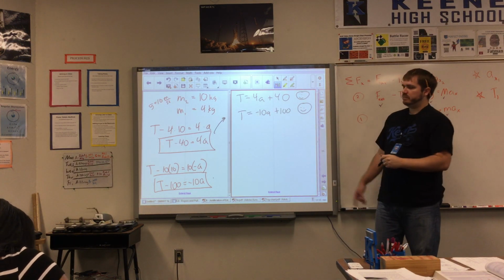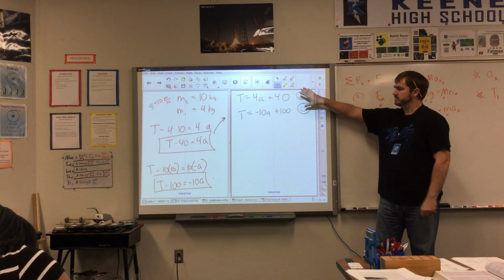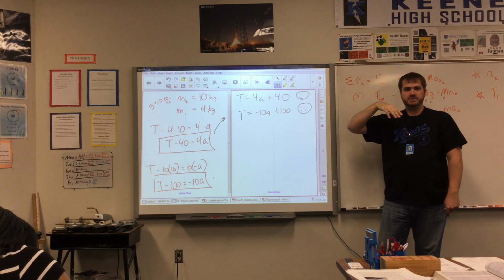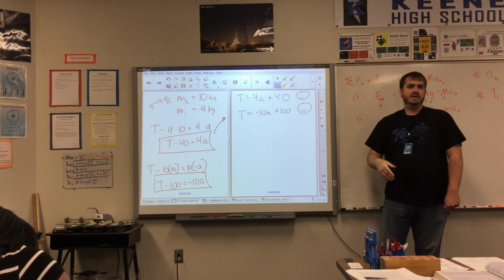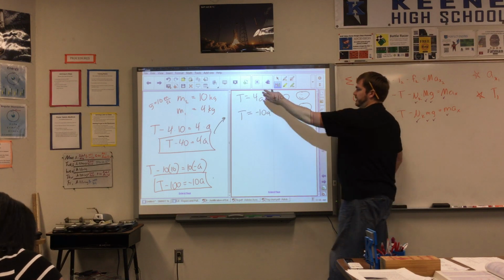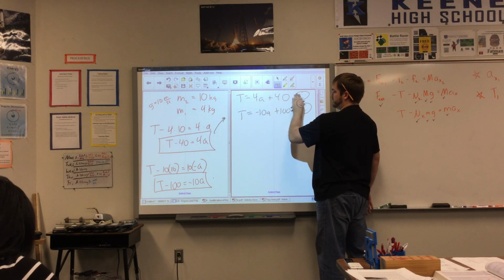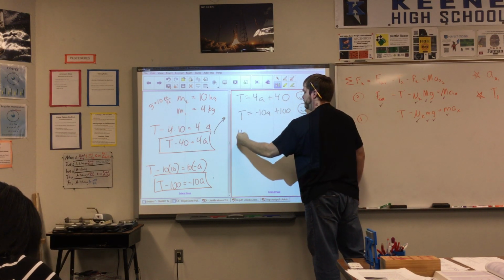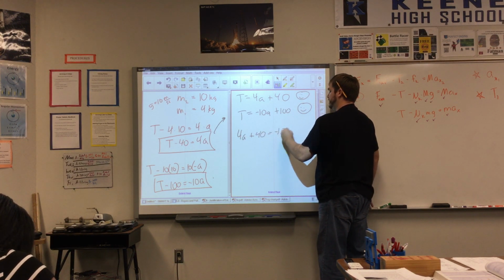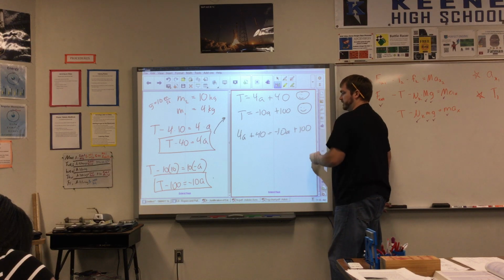I also kind of wrote them vertically. Another way besides graphing and substitution is elimination, if you remember that. You have all those techniques. But in this case, I'm just going to set smiley face equal to smiley face. So 4a plus 40 equals negative 10a plus 100.